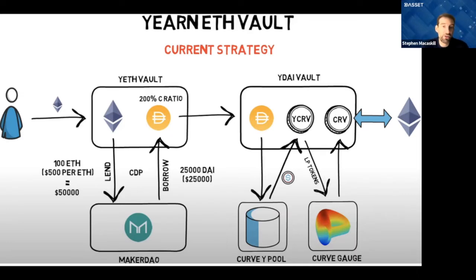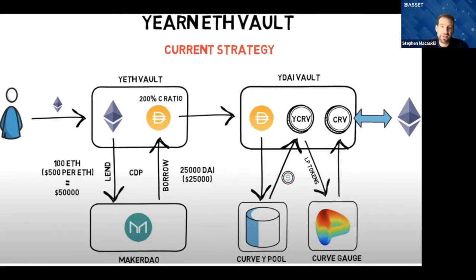Now, of course, there are some risks. For example, this vault is borrowing and lending funds. So the vault could end up getting a margin call from MakerDAO to top up funds.